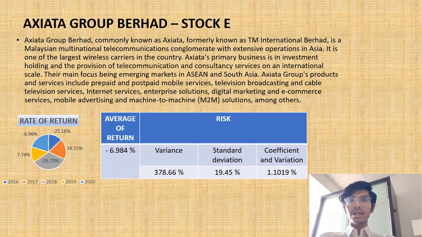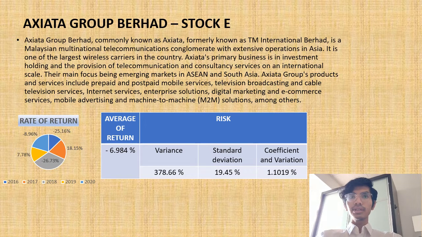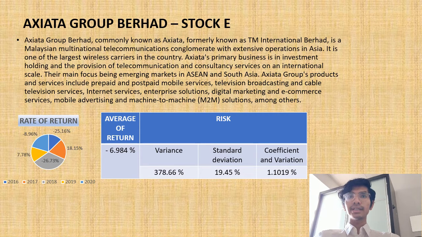Okay, next I'm going to talk about stock E. For stock E we chose Axiata Group Berhad. Axiata Group Berhad, commonly known as Axiata, formerly known as TM International Berhad, is a Malaysian multinational telecommunications conglomerate with extensive operations in Asia.